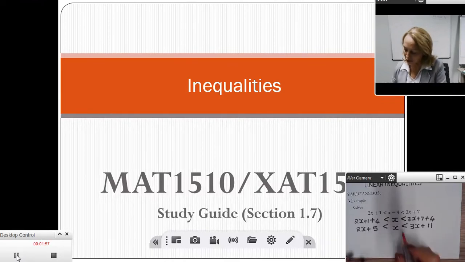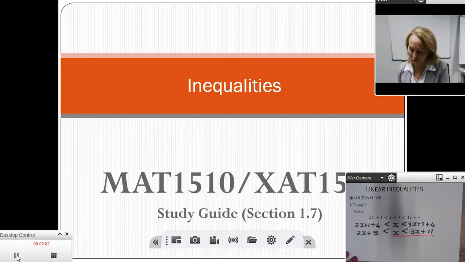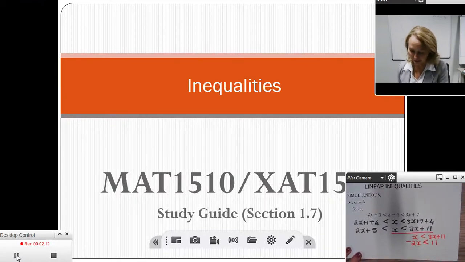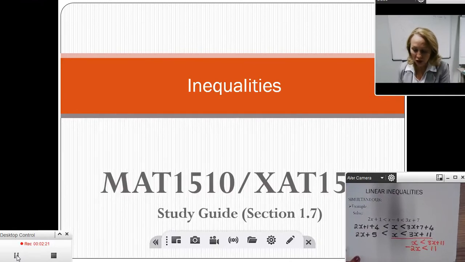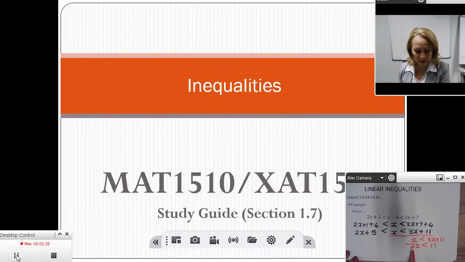Alright, so let's have a look at this inequality first. Remember, we are trying to solve for x. So on this side we have x less than 3x plus 11. Okay, bring the 3x over. x subtract 3x is minus 2x, which is now strictly less than 11. One of the important properties of an inequality is that if we divide or multiply by a negative, the sign of the inequality changes.